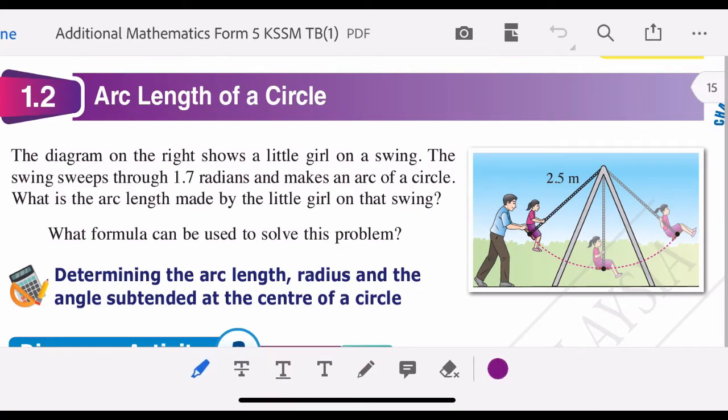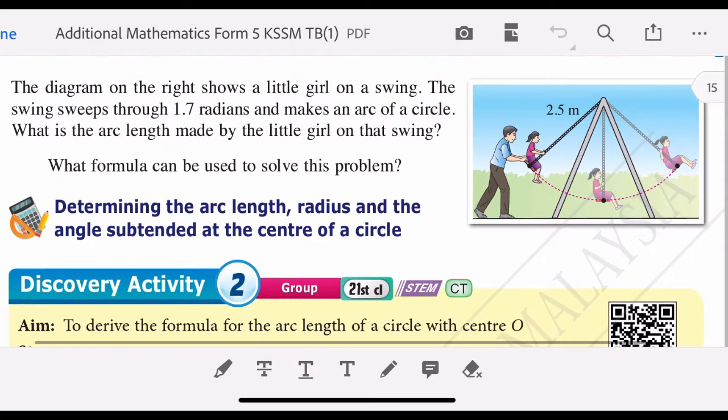Let's study the diagram. On the right shows a little girl on a swing. The swing sweeps through 1.7 radians and makes an arc of a circle. What is the arc length made by the little girl on that swing?